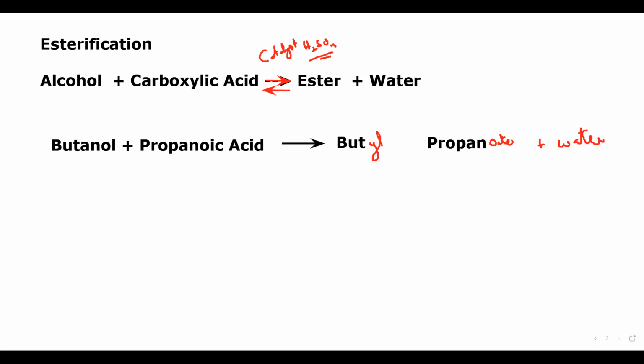Now name the ester which is formed in these examples. If I say ethanol plus propanoic acid, what will be the name of the ester formed? The first part is coming from the alcohol and the second part is from the carboxylic acid.